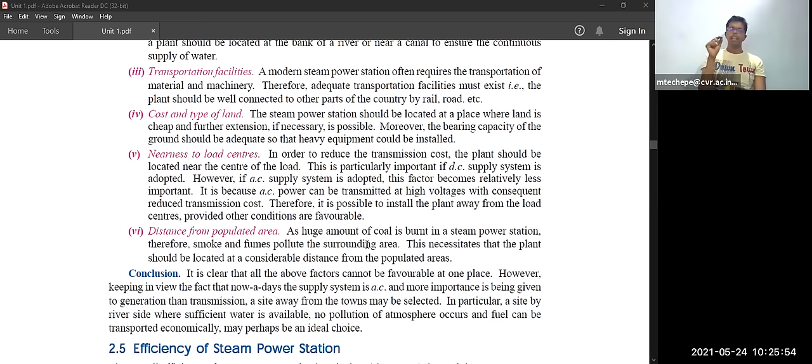Sometimes your drinking water might also be polluted with small ash particles. Even while inhaling, you'll find small particles inside your nose. Many things like that are there, so you have to take care.